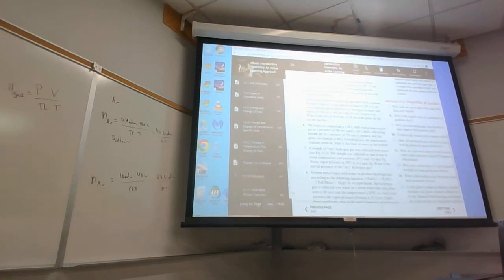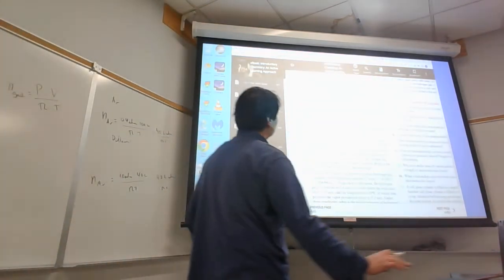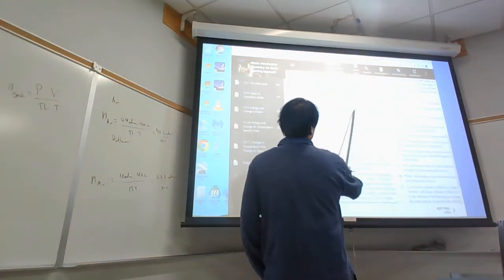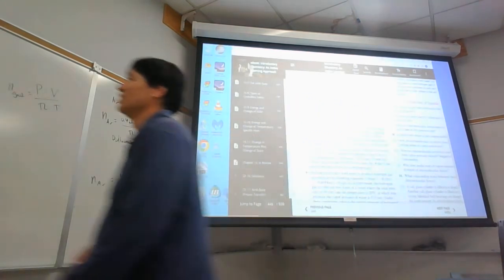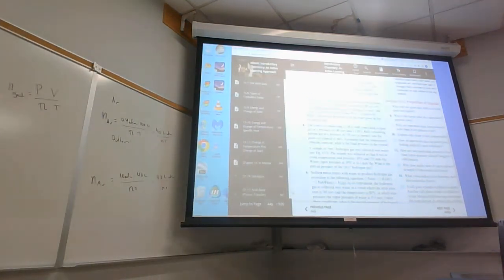P total for Dalton's is equal to the sum of the partial pressures. So in this case, P total is going to equal the pressure of nitrogen, plus the pressure of oxygen, plus the pressure of argon, plus the pressure of the other gases.